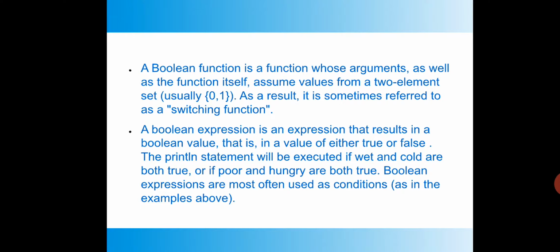Some conditions will be there. If both statements are true, say Rama has a cold and Sita also has a cold, then that couple has a cold. Such decisions can be taken by understanding the concept of Boolean values. And if, say, poor and hungry both are true, some conditions can be used for this Boolean expression.